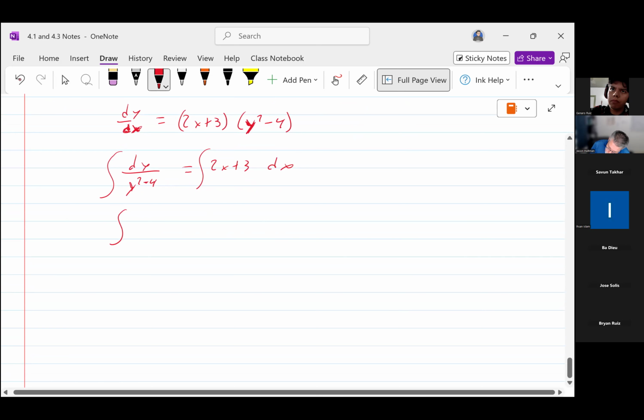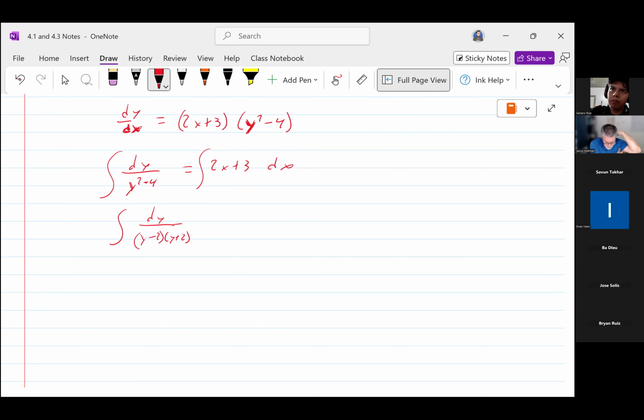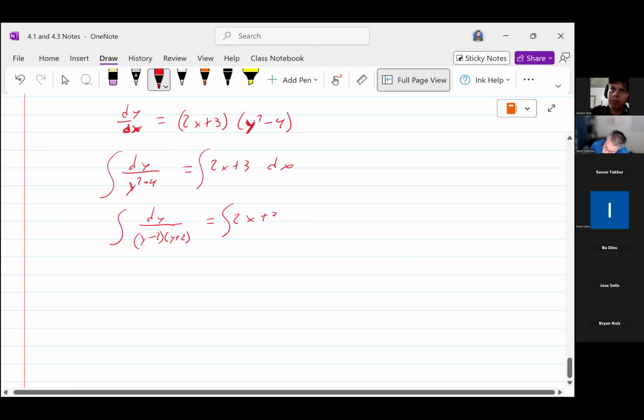This becomes the integral of dy over y squared minus 4. Now that is factorable. That's y minus 2 times y plus 2. And that is equal to the integral of 2x plus 3 dx.